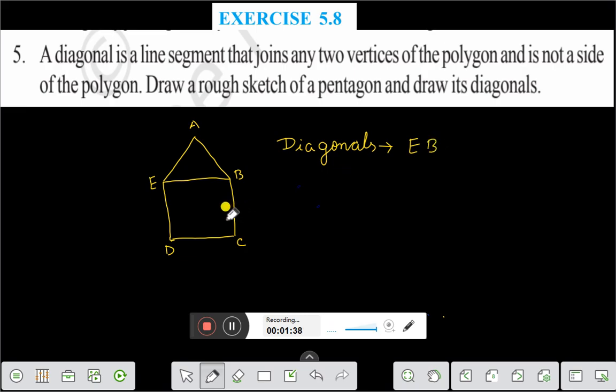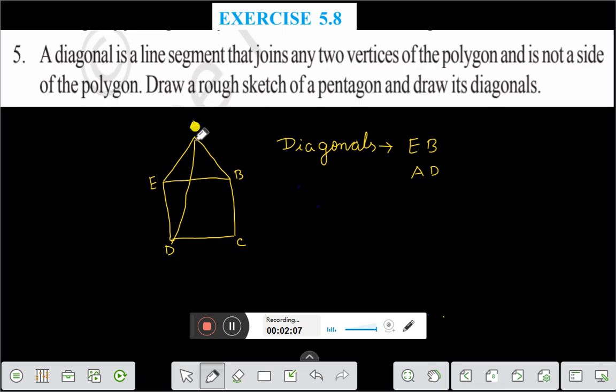Again we are joining A with D, and we are getting AD. AD is also another diagonal.